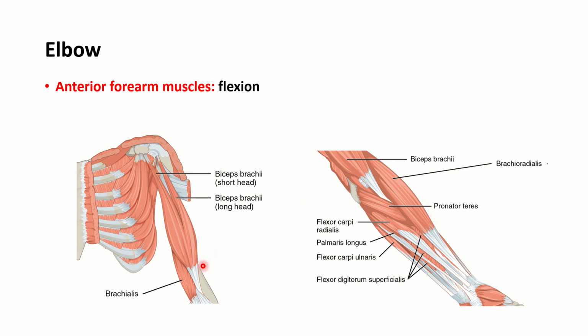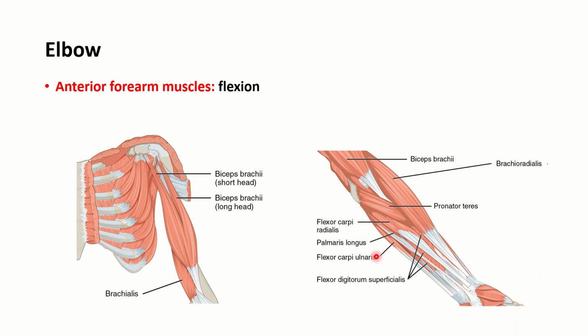For the elbow and also for the wrist, there is an easy way to remember: the muscles located in the anterior part of the upper limb are flexors. They are flexors of the elbow, flexors of the wrist, and flexors of the fingers.